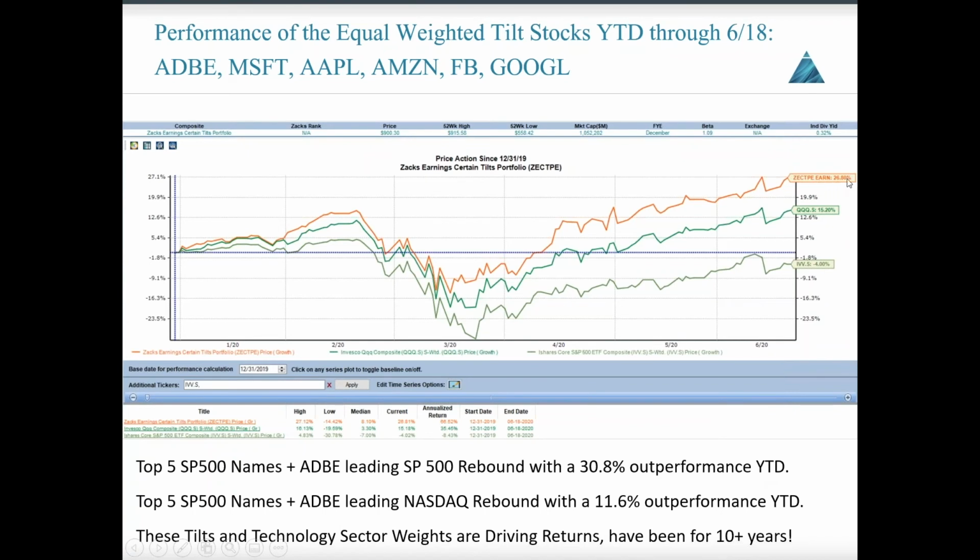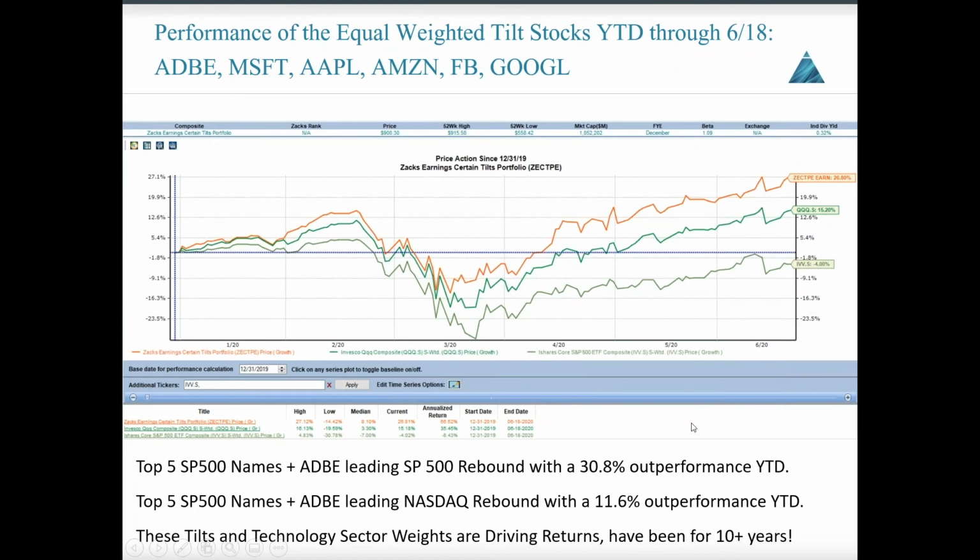So that's basically the 26.8% return plus the IVV's negative 4%. If you take a look at the Nasdaq rebound, it's literally an 11.6 outperformance over the triple Q. So it's those names that are literally pulling your triple Qs up as well.